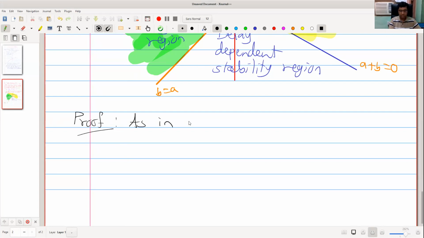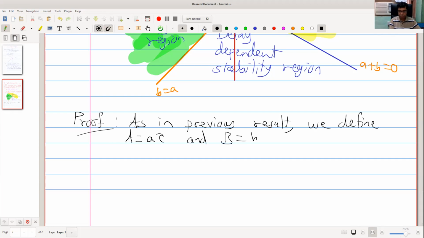As in the previous result, we define capital A equal to small a into tau and capital B equal to small b into tau.